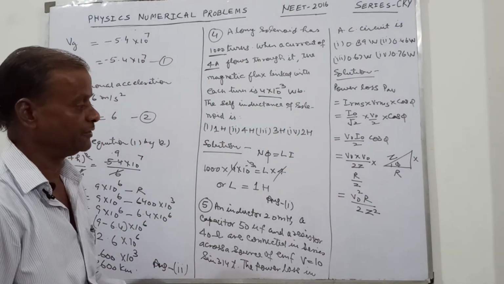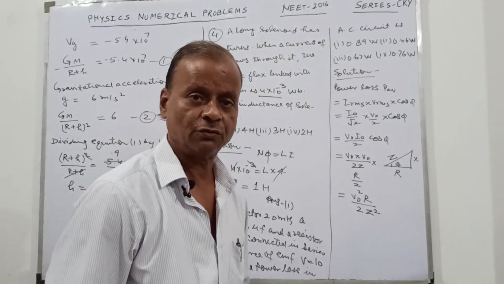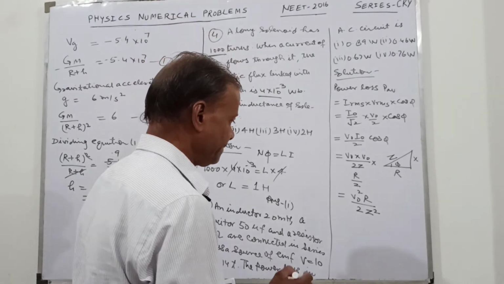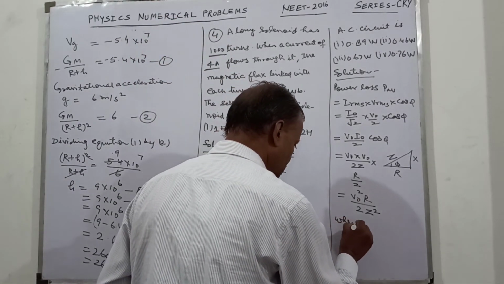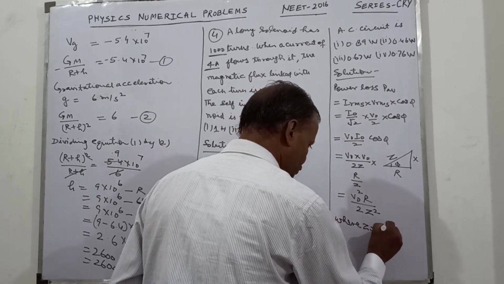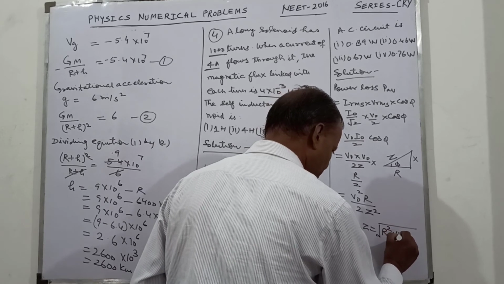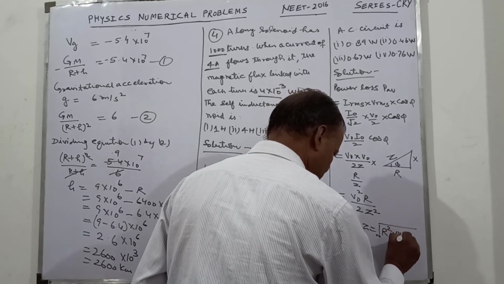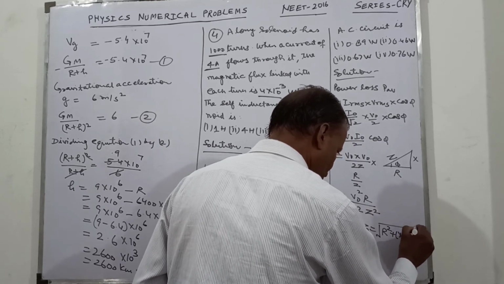And now you have to find the value of Z. Z is equal to the square root of R square plus XL minus XC whole square.